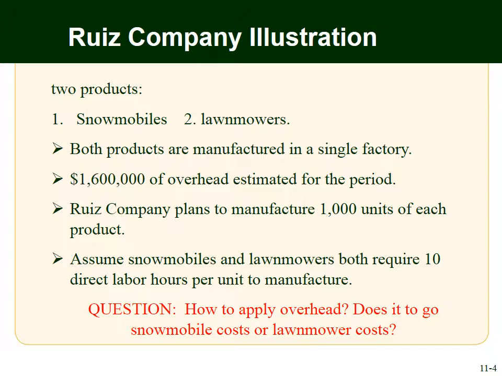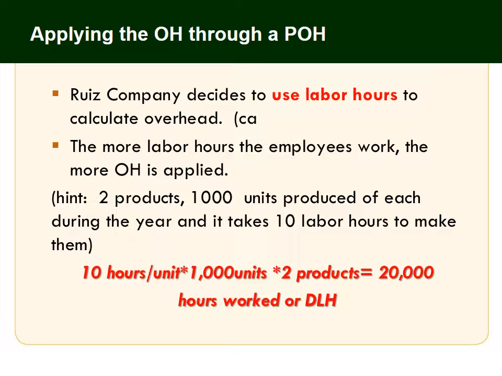And if we use one predetermined overhead rate, we'll do a simple calculation. They have decided that they want to use labor hours. So the more labor hours the employees work, the larger the overhead. So if we've got 1,000 units manufactured of 2 products, that means that they've got 2,000 units times the 10 hours of labor it takes to make each one.